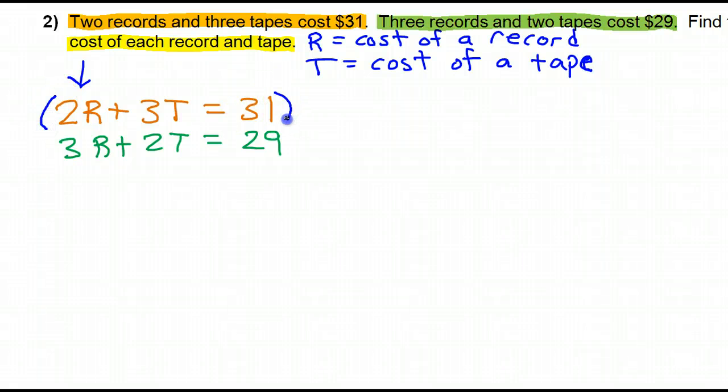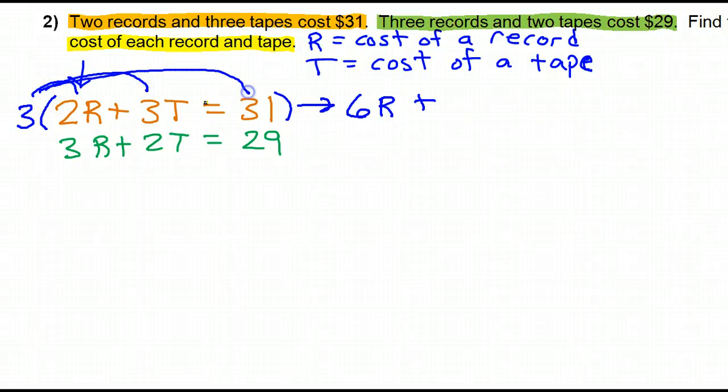But we need these to be opposites that cancel. So for example, if I turn this top R into 6R, I could do that by multiplying by 3, and you know I'm doing the distributive property here, so that's going to be 6R plus 9T is equal to 93.